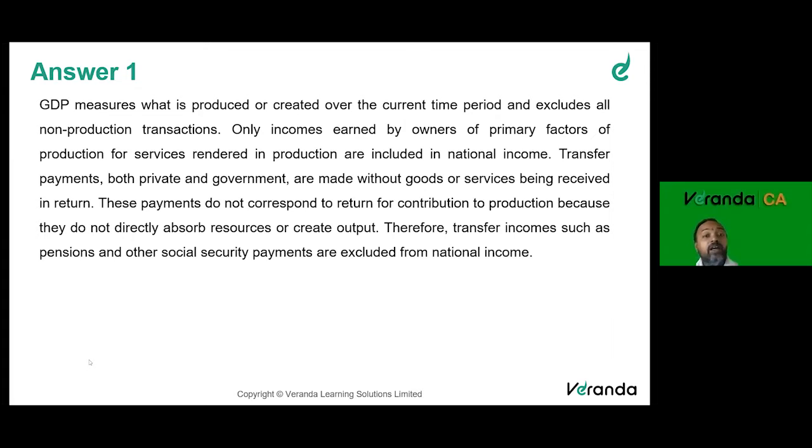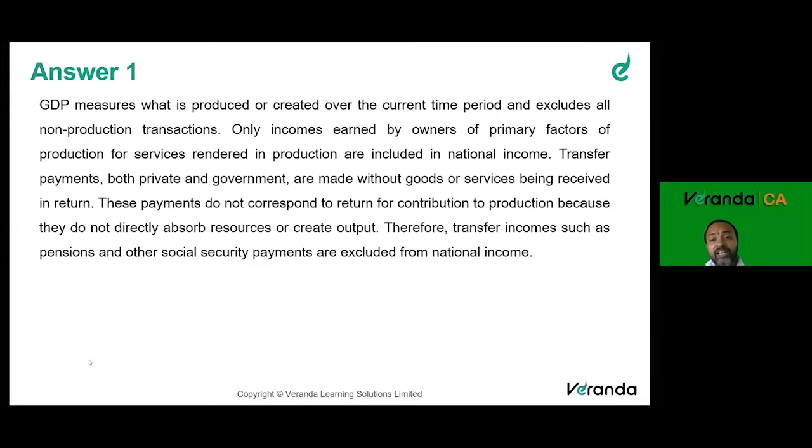For a pension, or any social benefit, the amount is spent, some expenditure is happening, credit facility is happening, but at the same time, is there a tangible output which has been created? The answer is no. But intangibly, yes, there are a lot of benefits which are available for the society, but unfortunately, we are not considering that in the computation of national income. Therefore, transfer income such as pension and other social security payments is clearly excluded from national income.